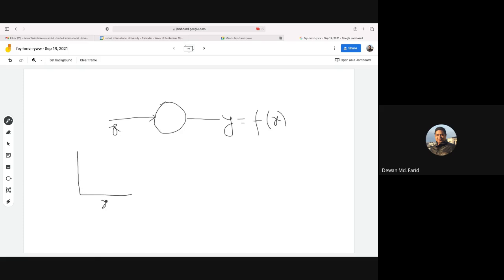Say this one is x and this one is y. For any value of x, we have to predict the value of y. Initially we have some data points. Say, these are our data points.